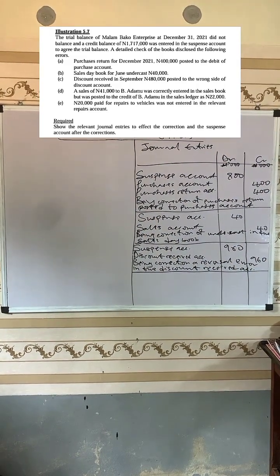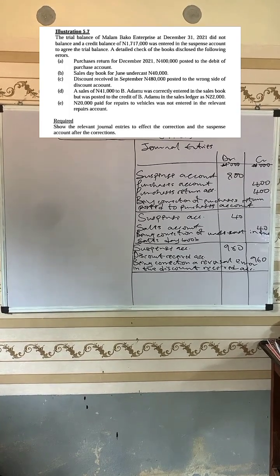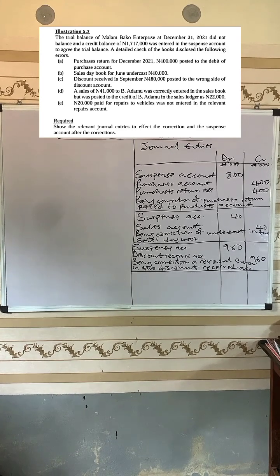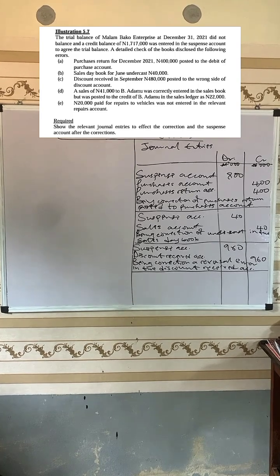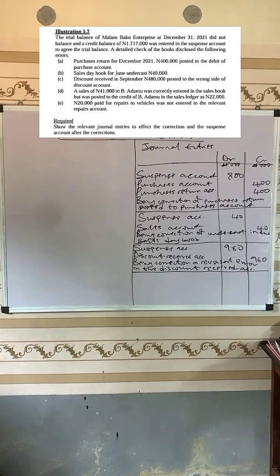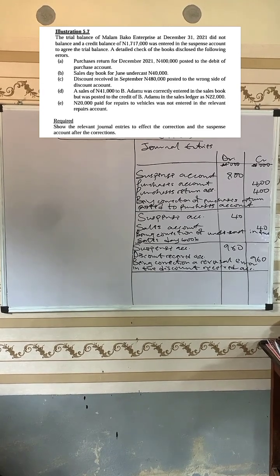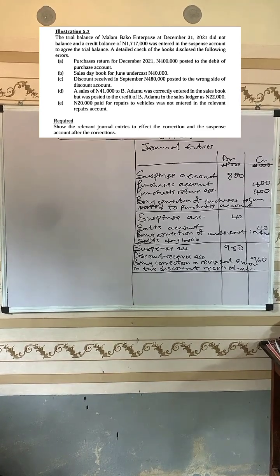The next one, a sale of 41,000 to B Adamu was correctly entered in the sales book but was posted to the credit of B Adamu account as 22,000. Sales of 21,000, that one in our sales account, it was correct.